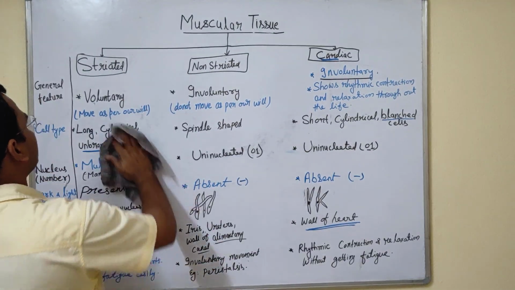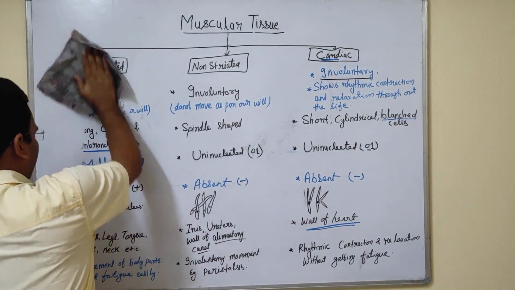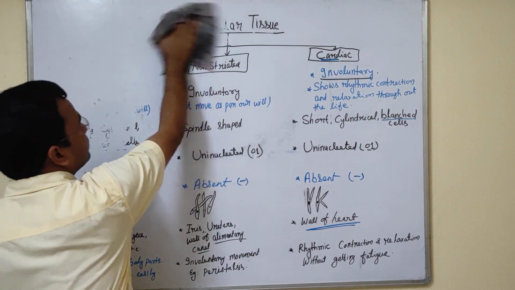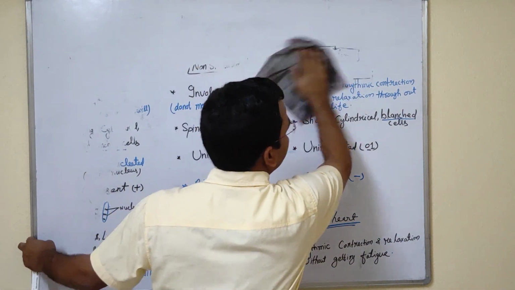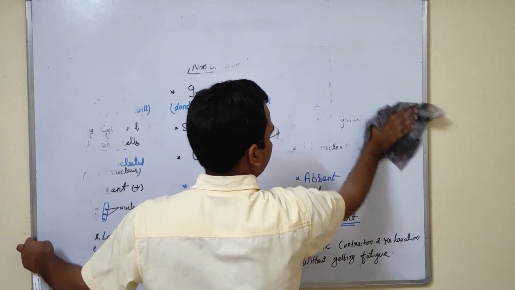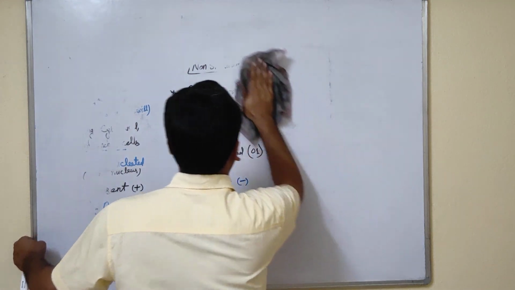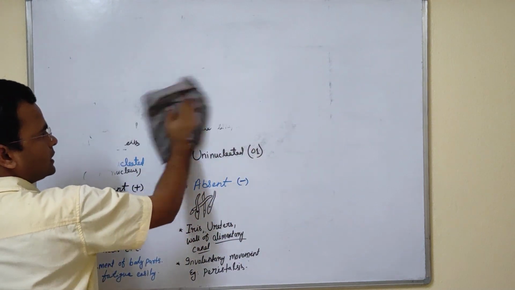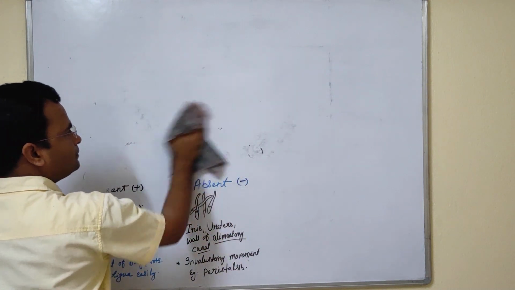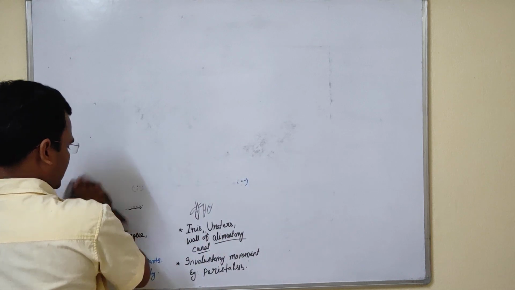Our last part was the nervous tissue. So today that also we will finish. In this way our tissue part will be completed. This is chapter number 6, I think, in the NCERT for grade 9, and in grade 11 tissue is a separate chapter.